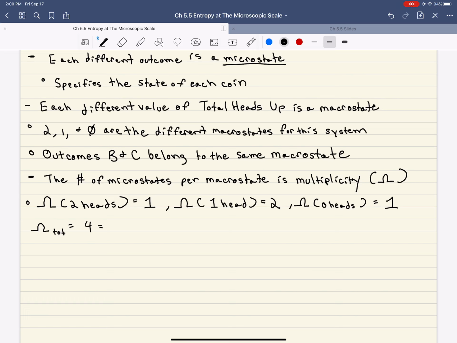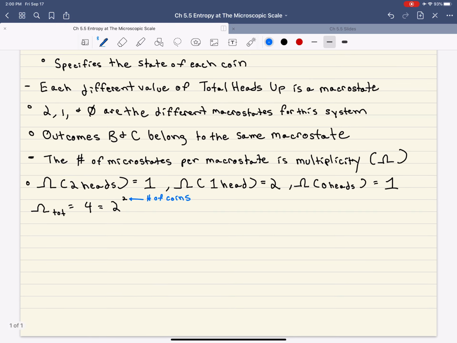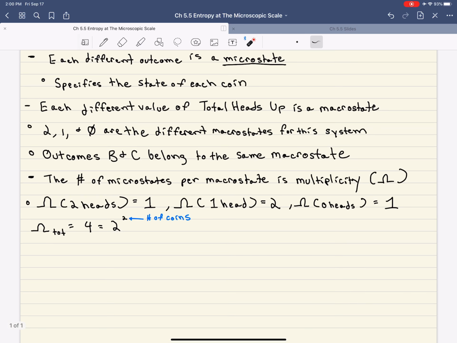There's 4 different types of outcomes that we could get with our 2 coins. And really, the way that we would calculate that, just as a shortcut, would be 2 raised to the power of 2. And the reason the 2 is in the exponent is because that's the number of coins in our system. But that's a detail, that's not that important. The main thing I just want to get across to you is that this omega, this multiplicity, is just the number of microstates that are in each macrostate category.